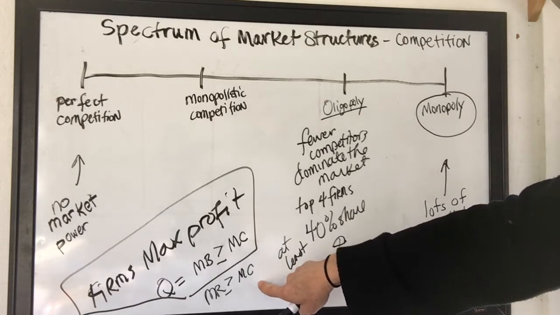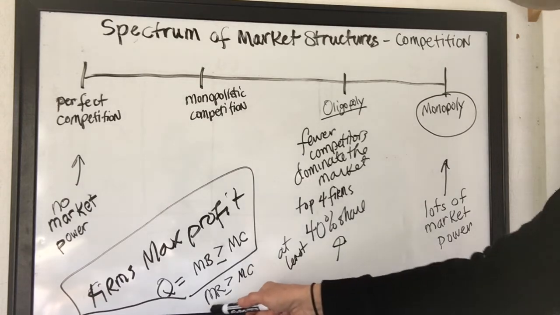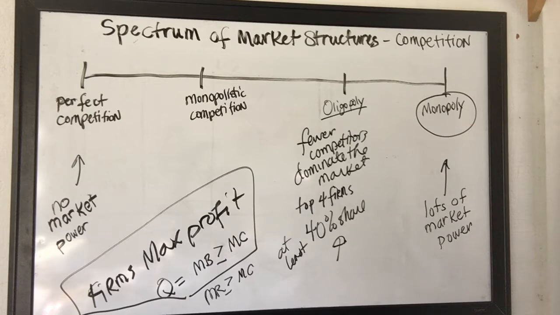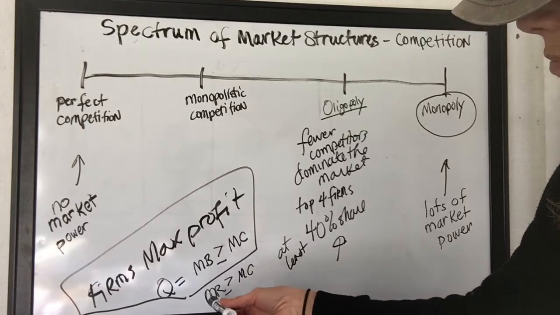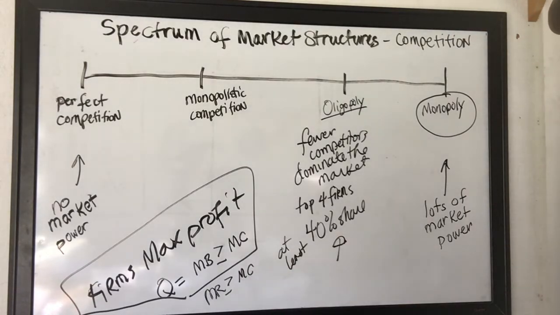We can calculate marginal costs. And if we know what our demand curve is, and we know that our revenue is going to be price times quantity, we can look at what our marginal revenue is going to be for every quantity that we sell. And then we're going to be able to look at a graph and determine where is that point where the marginal revenue is greater than or equal to the marginal cost.